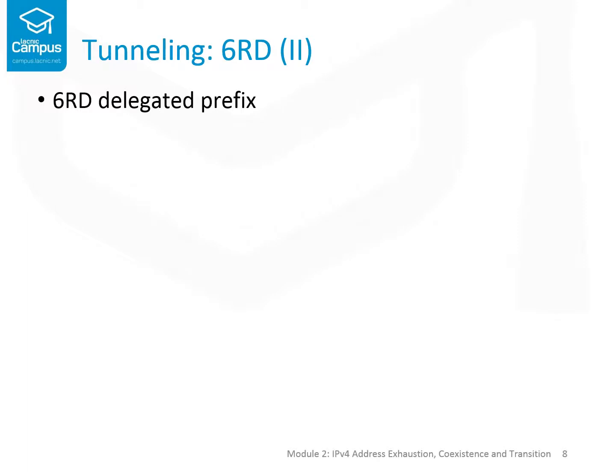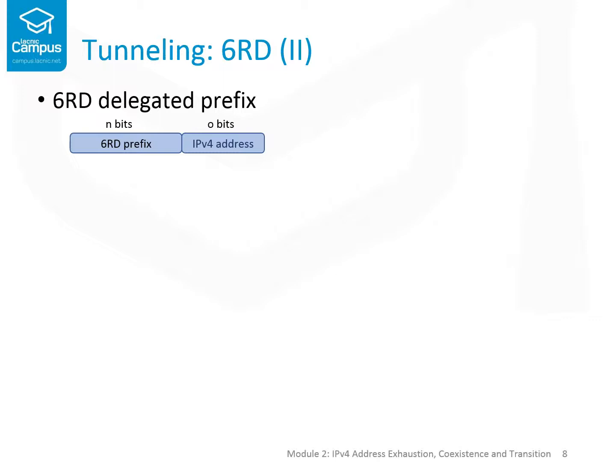Now, let's try to understand how 6RD addressing works. The 6RD delegated prefix is a prefix that the end user's CPE can use to provide IPv6 addresses to the internal networks. It is made up of the 6RD prefix that the ISP uses for this transition mechanism and an IPv4 address or part of an IPv4 address.